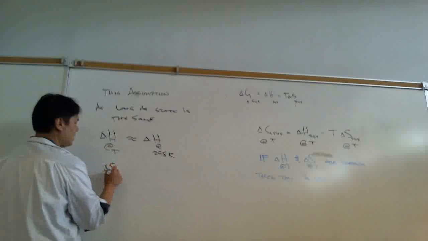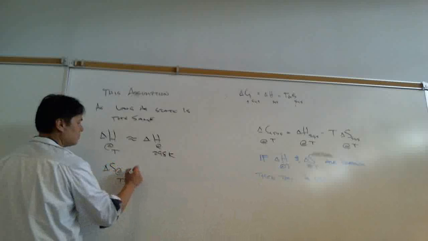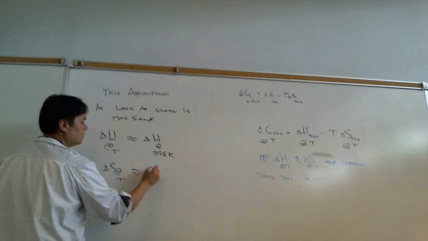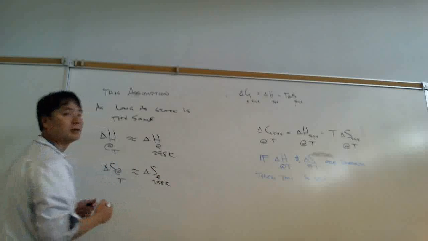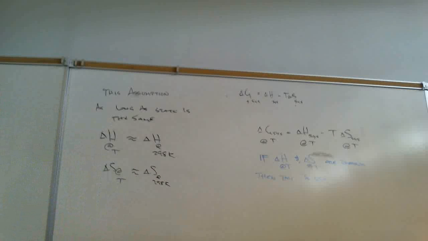And delta S at some temperature T will be approximately equal to delta S at 298 Kelvin. And then we can solve it. If we have the value, that would be better, because if we have the value, then we can calculate a more accurate answer.